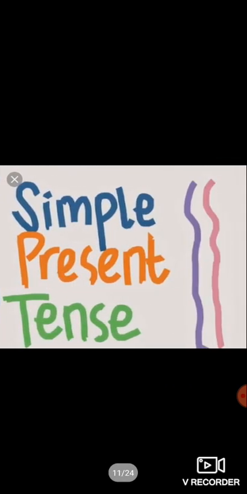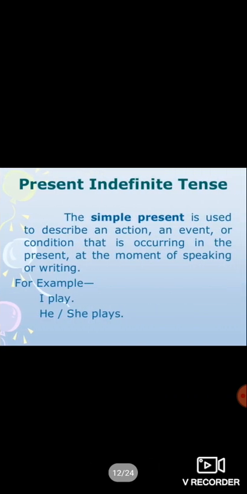So let us start with the simple present tense. What is simple present tense or present indefinite tense? The simple present tense is used to describe an action, an event or condition that is occurring in the present, at the moment of speaking or writing, like I play, he, she plays.